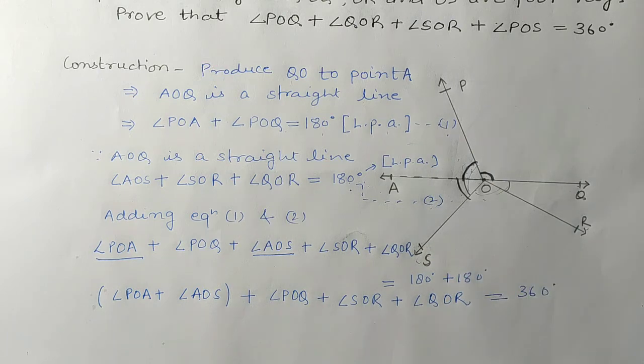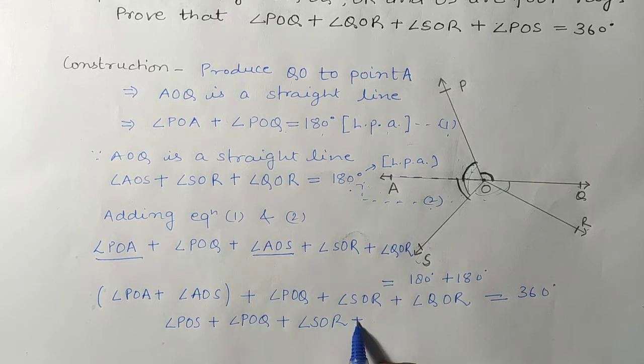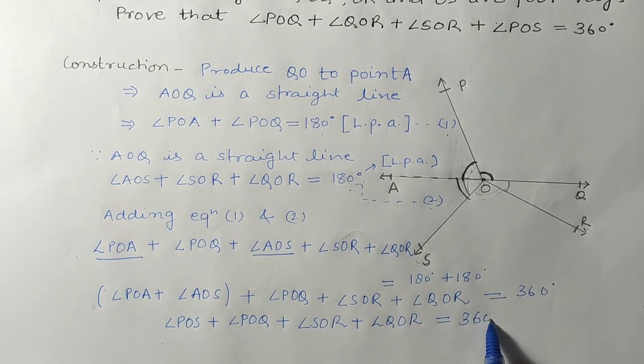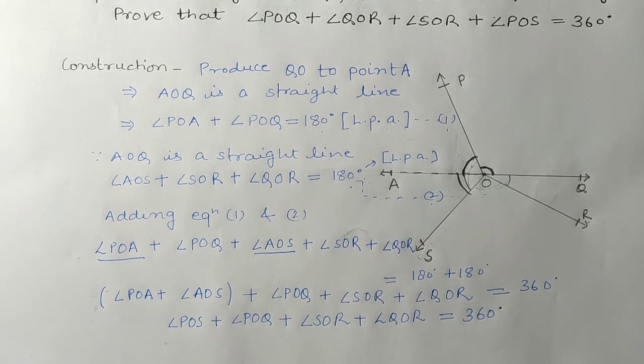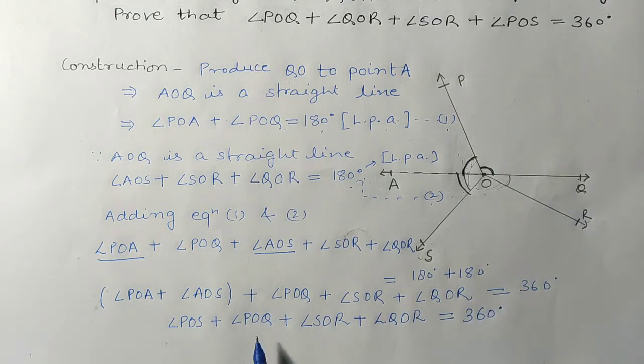Yes, we can write it. So here in place of this bracket we can write angle POS plus angle POQ plus angle SOR plus angle QOR is equal to 360 degrees. See, what was to be proved: angle POQ plus QOR plus SOR plus POS is equal to 360 degrees.